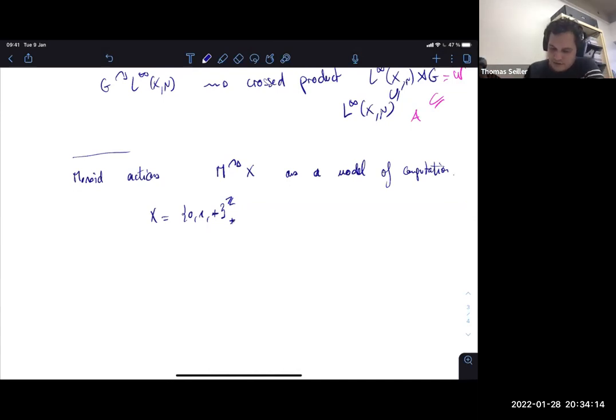And now you can define functions from X to X that will correspond to basic instructions in the Turing machine model, right? So for instance, this is a shift. You take the sequence a_i and you produce b_i, with b_i equals a_{i+1}, so we go to the right.